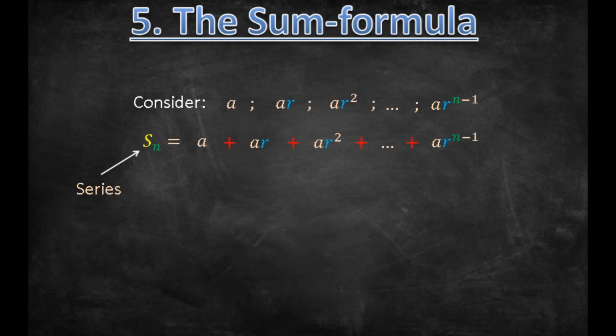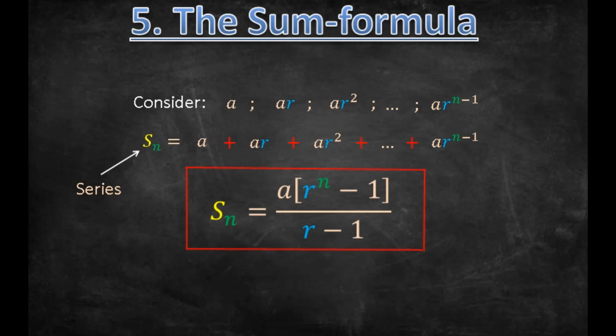This is also known as a geometric series. We can find the value of S sub n by using the equation S sub n equals A into r to the n minus 1 all over r minus 1, where r cannot equal 1, and S sub n is a sum to n terms.